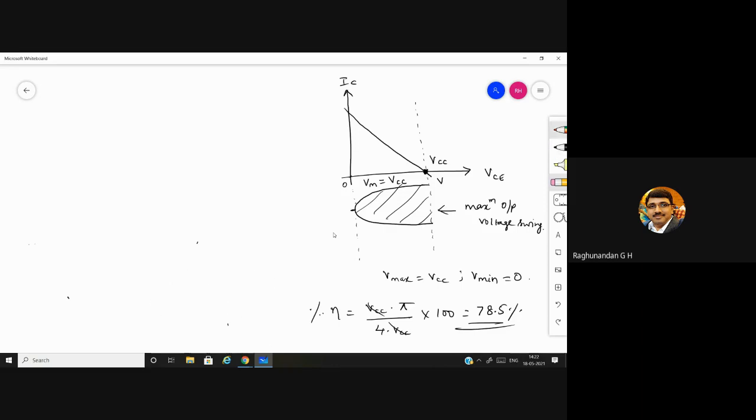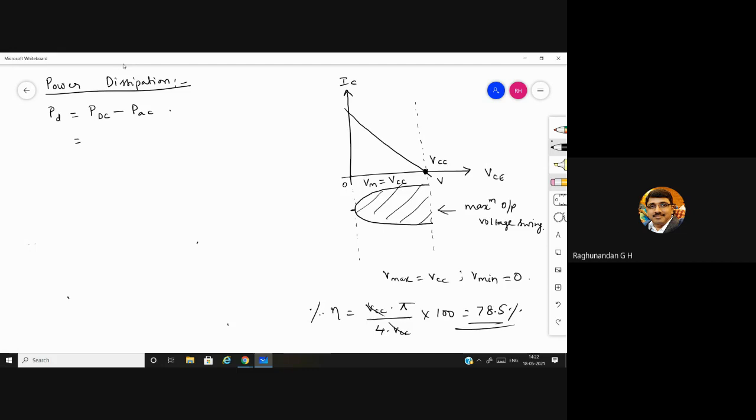Okay. So the next one is power dissipation. We know that the power dissipation PD is given as the difference between the DC power and the AC power. So now we just substitute whatever equations we have got.